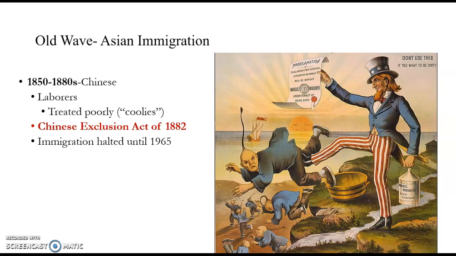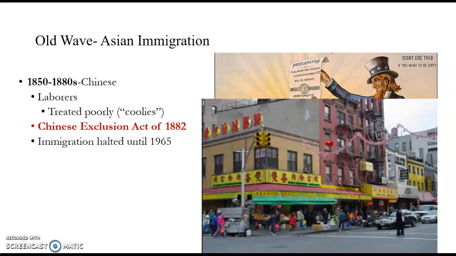And this existed for over 80 years, until 1965. Again, why certain areas like Chinatown are so insular today, because the community was excluded from popular culture for so long. The Chinatowns and the Chinese communities were, again, insular, isolated from the outside communities, even within the same cities.